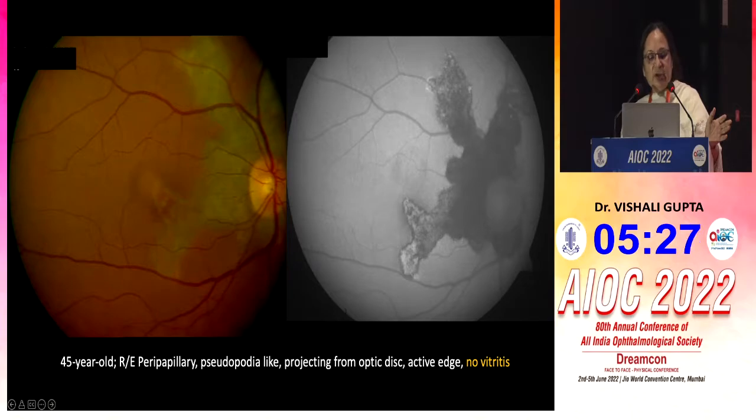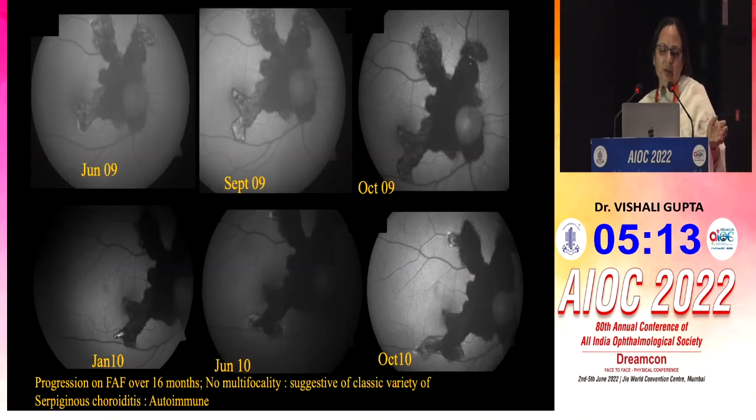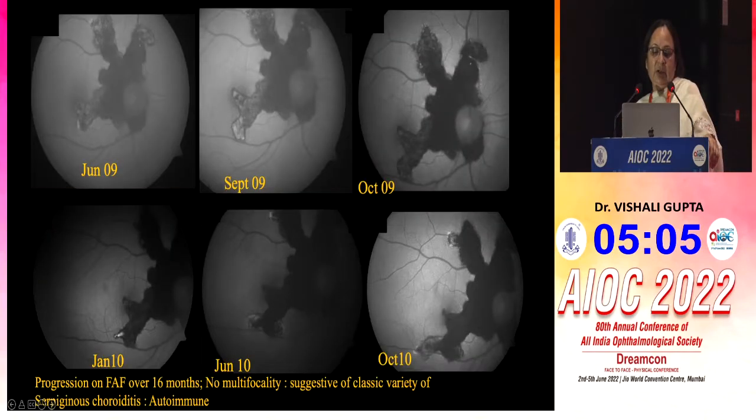When you see this, there is no vitritis. This is the classical variety of serpiginous choroiditis that would require steroids, immunosuppression. Though important, you may test for TB, but even if you don't, nothing major, because this is a unifocal disease and it is progressing at the tip.